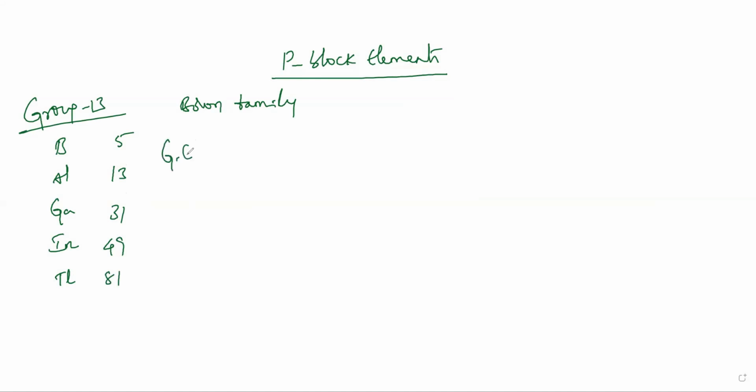General electronic configuration is ns2 np1. So what will be its valency? 3. Common oxidation state will be +3, right?